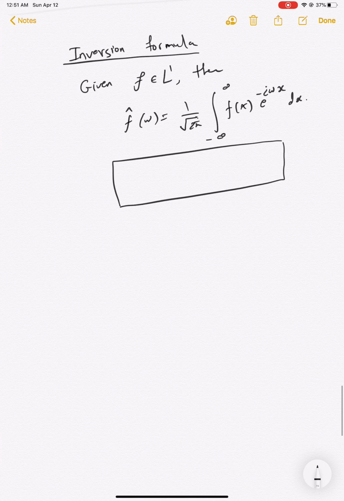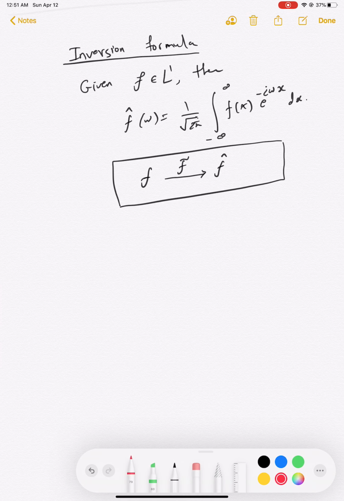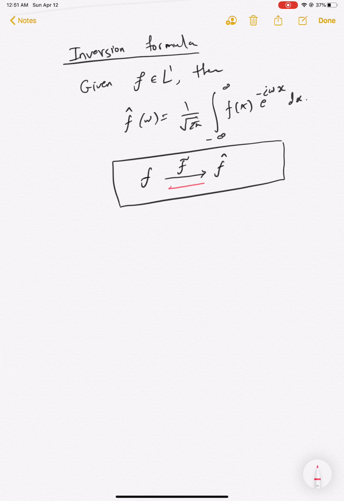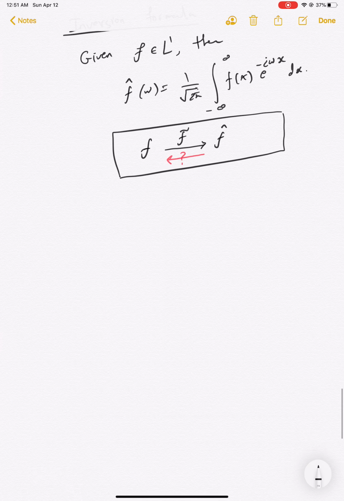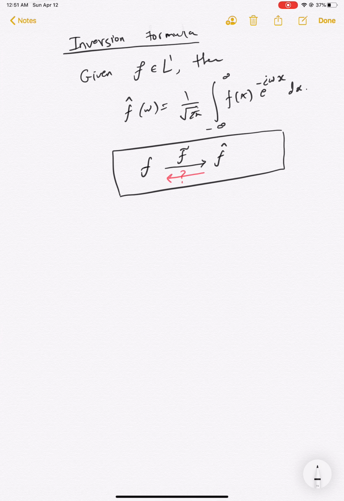Okay, so what does this definition do? You have the function, you apply the Fourier transform, it's denoted this way, you get f hat, the Fourier transform. Now what we want to see is the other way. Can we have something going back from the transform to the function itself? In fact, yes. What is it?